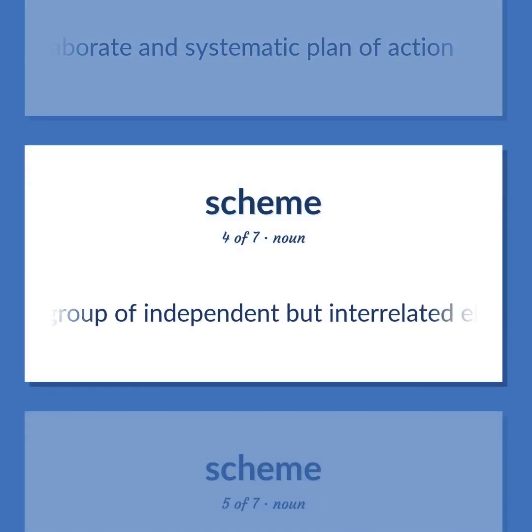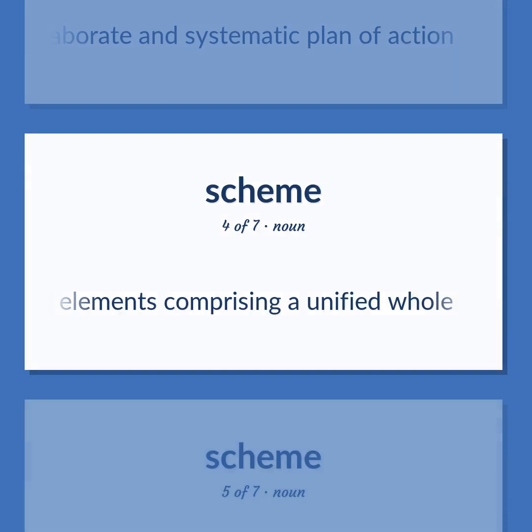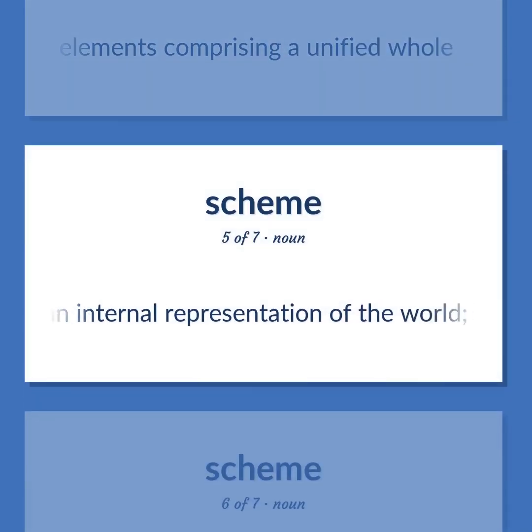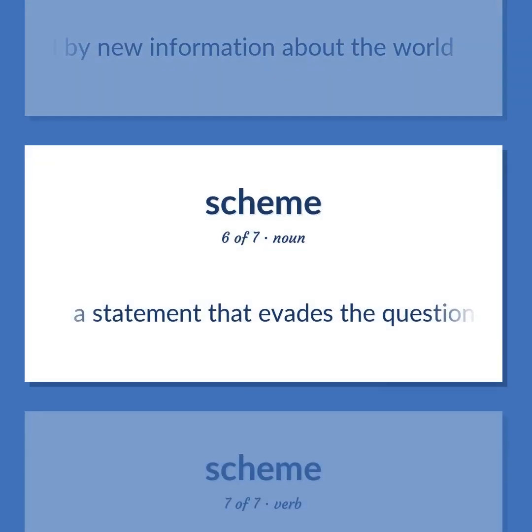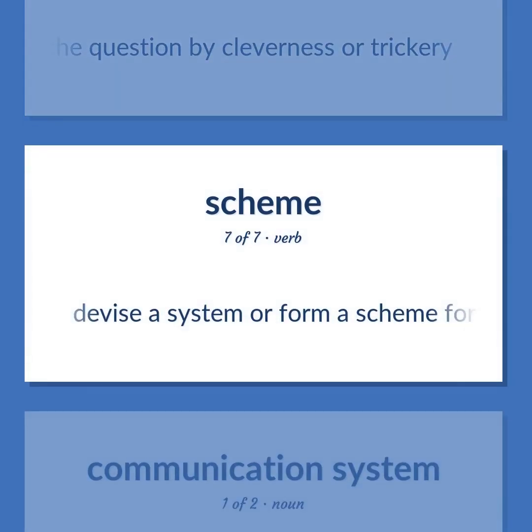A group of independent but interrelated elements comprising a unified whole. An internal representation of the world. An organization of concepts and actions that can be revised by new information about the world. A statement that evades the question by cleverness or trickery. Devise a system or form a scheme for.